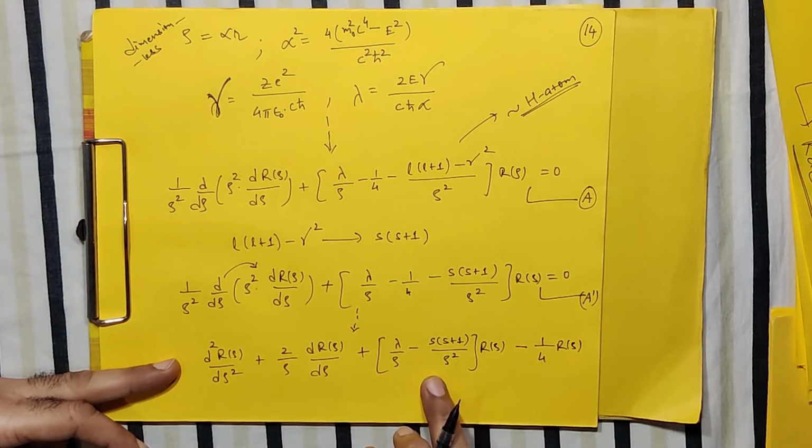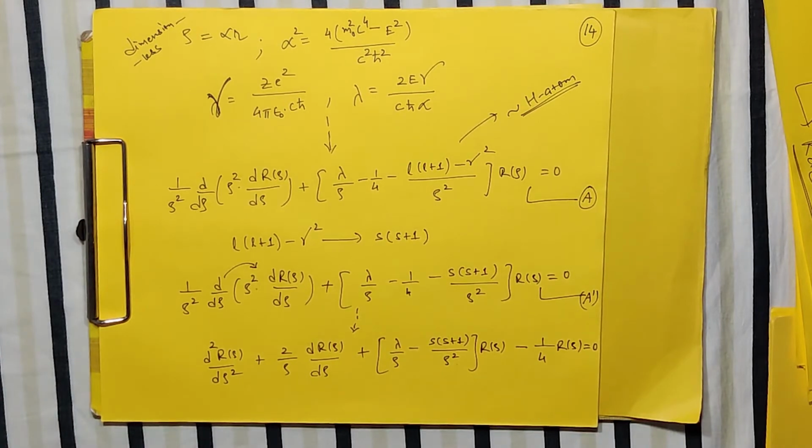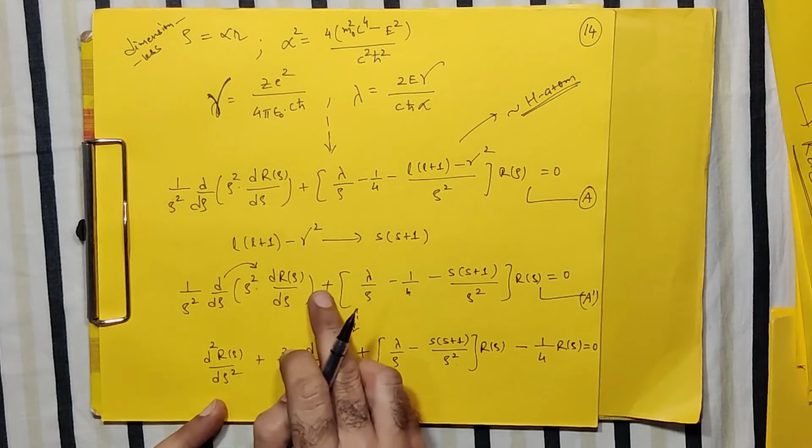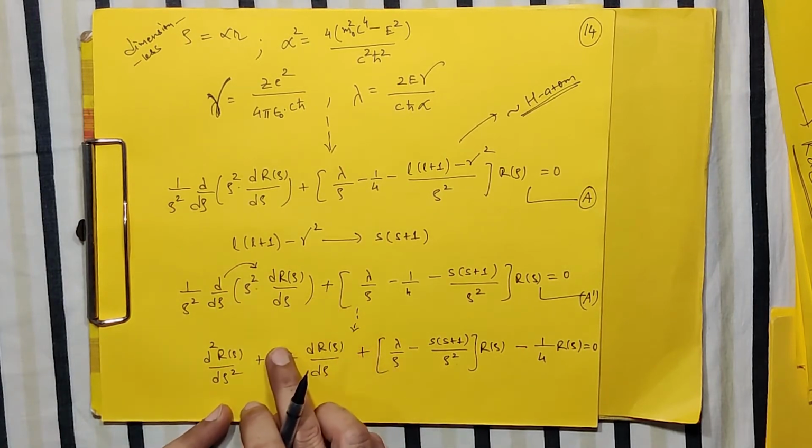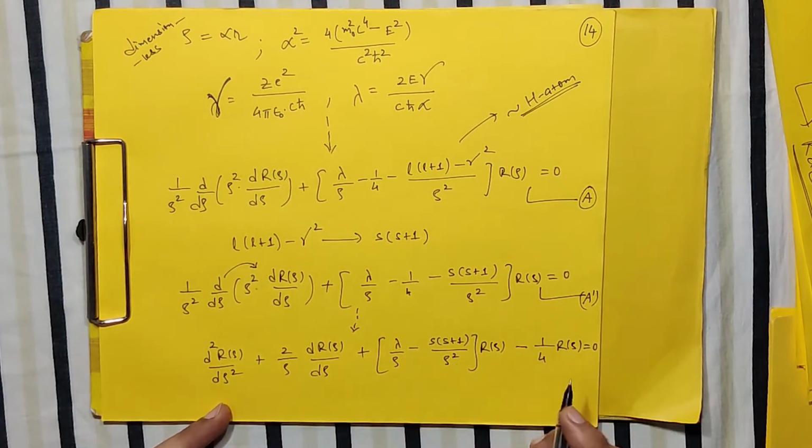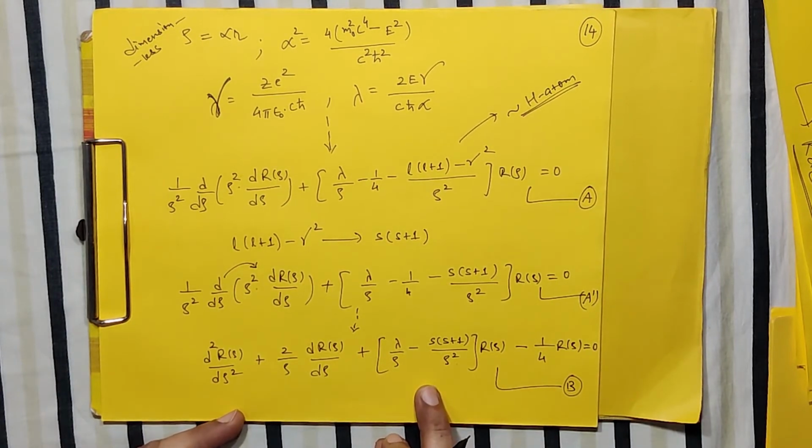It can be merged with this, but I write separately to show certain things. So this is the same equation, but only this d by d rho is now operated inside. And then this is the equation which is important in a sense that based on that we can cast our solution, we can design our solution.